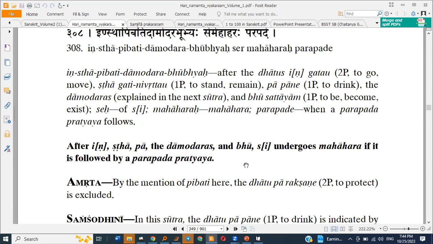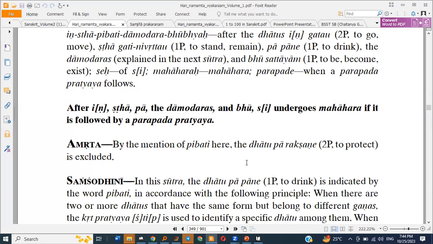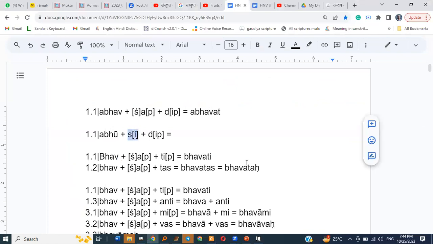Shtha Dhatu, Pa Pane Dhatu, the Damodaras. These Damodara Sangya will be explained in the next sutra. And Bhu Dhatu. After all these, if C is followed by a Parapada Pratyaya, then C will undergo deletion. So by this sutra, C undergoes deletion.